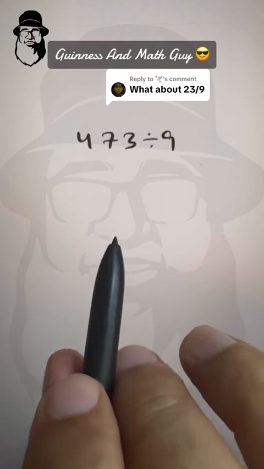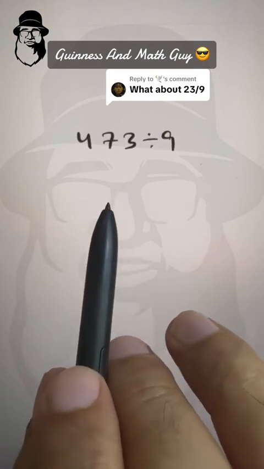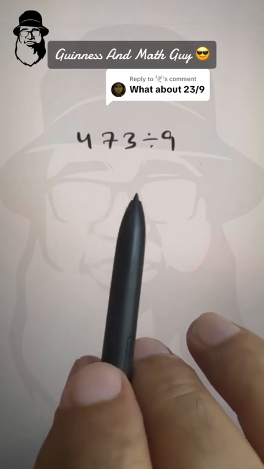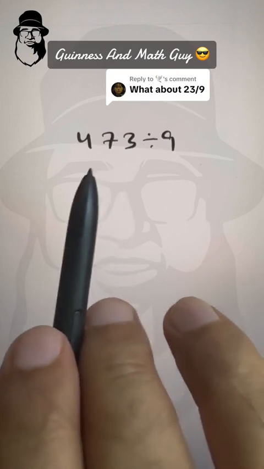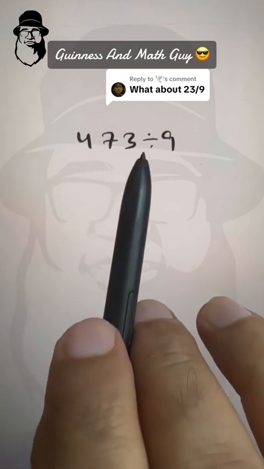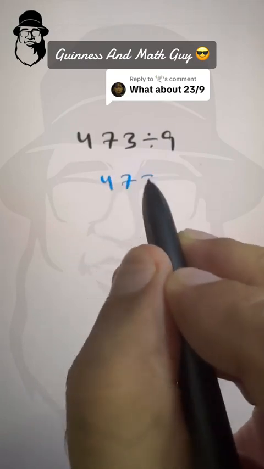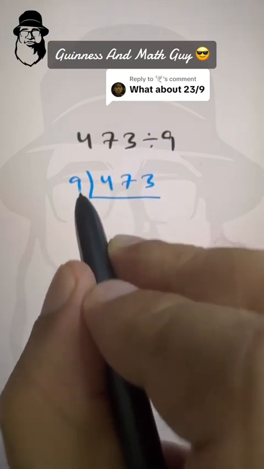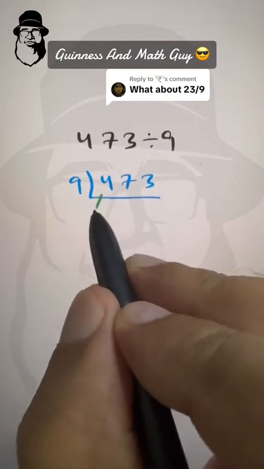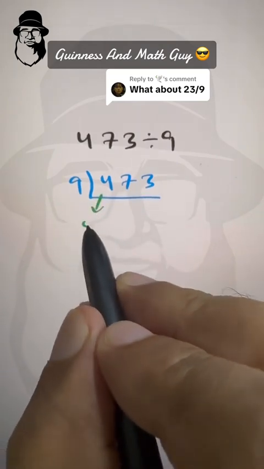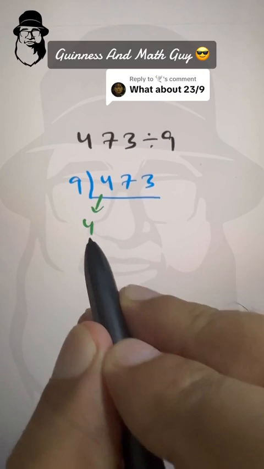Now let me tell you both ways, the one that we learned here and the easier way, both ways of dividing 473 by 9. So 473 you'll write like this and divide by 9. Now bring this 4 here.